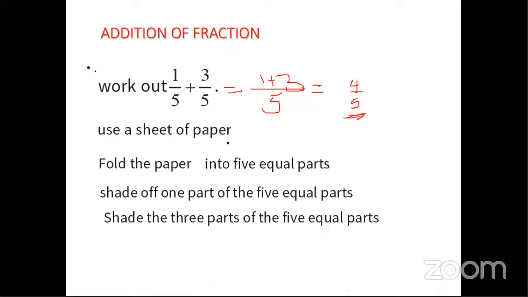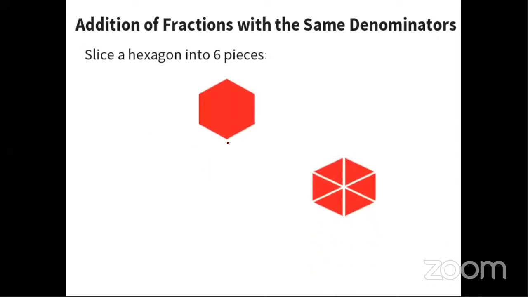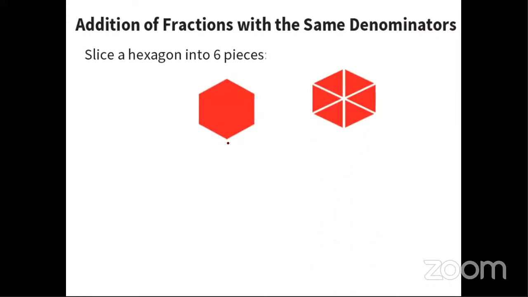So after that, we did the addition of fractions with the same denominator. That's what we did last time. We said, for example, if you have one hexagon, as it is here, and then you divide it into 6 pieces, this is the division. And when you divide it, this is what you get.